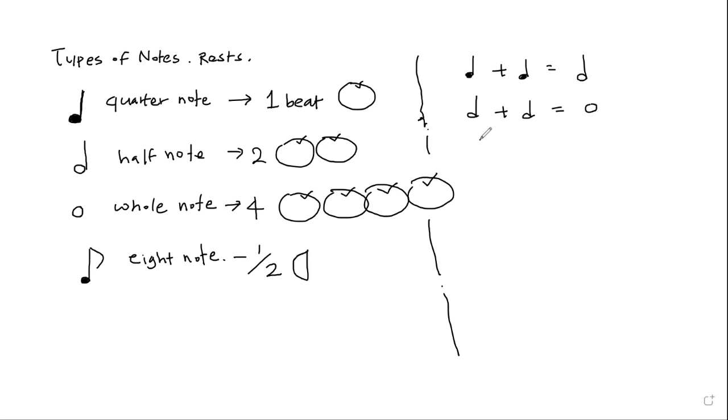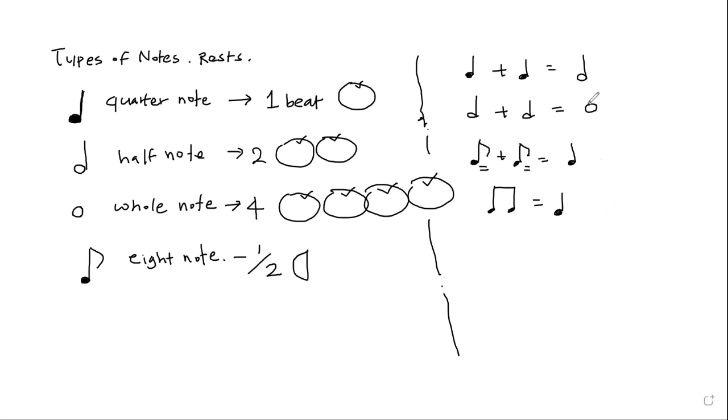And 2 eighth notes are going to be 1 quarter note, okay? And this flag we can link together like that. So you can do separate flags, or you can link them together. That is 1 quarter note, okay?